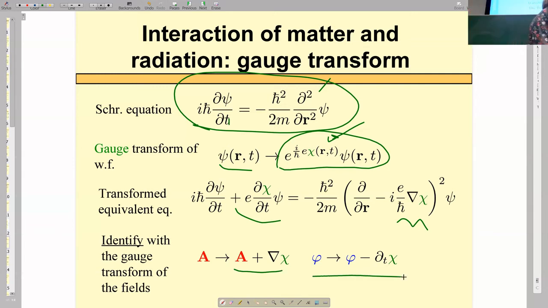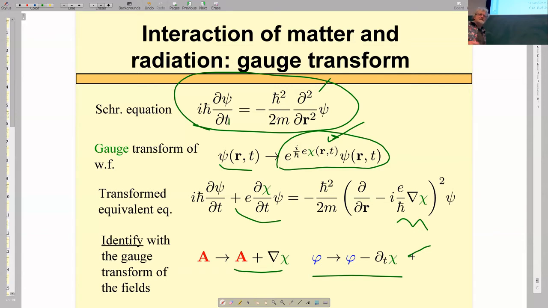Upon this gauge transformation, any gradient which you can add to the vector potential, any time derivative which you can add or subtract from the electrostatic potential, just doesn't change anything. It's just another choice of gauge.